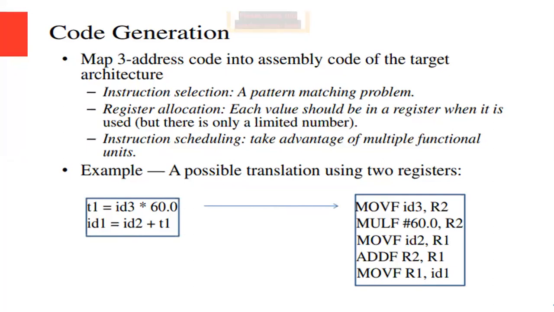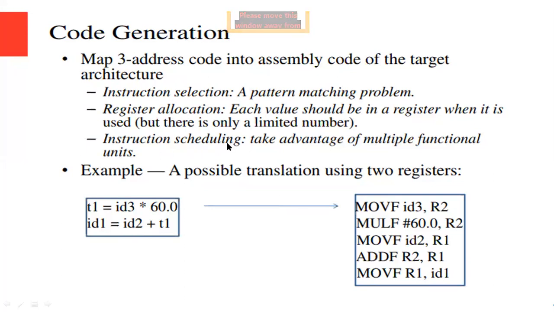So here is the given three address code. That means the output of code optimization is taken as input to the code generation, and we are converting those statements into assembly level code. So the functions are instruction selection, a pattern matching problem, register allocation, and instruction scheduling.